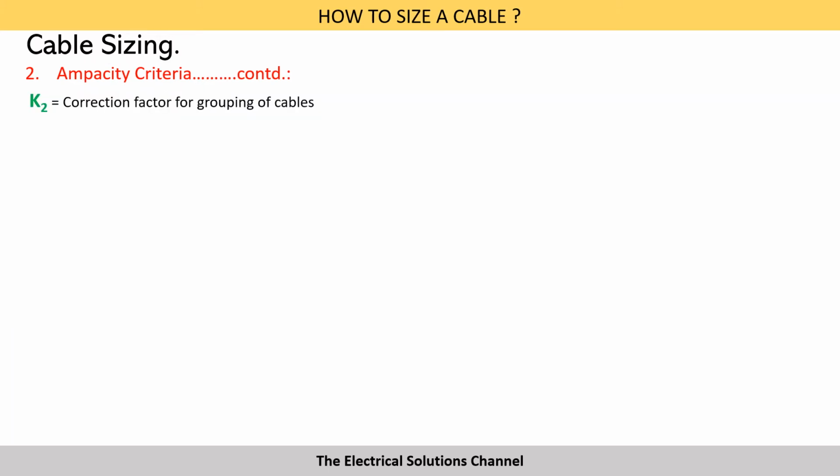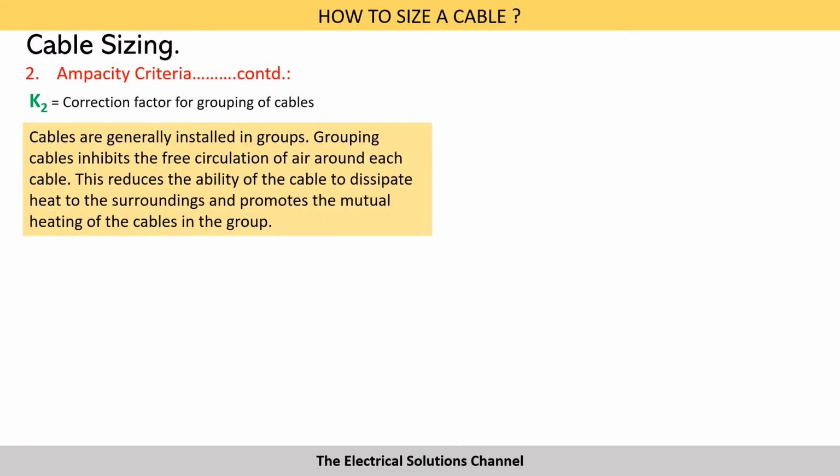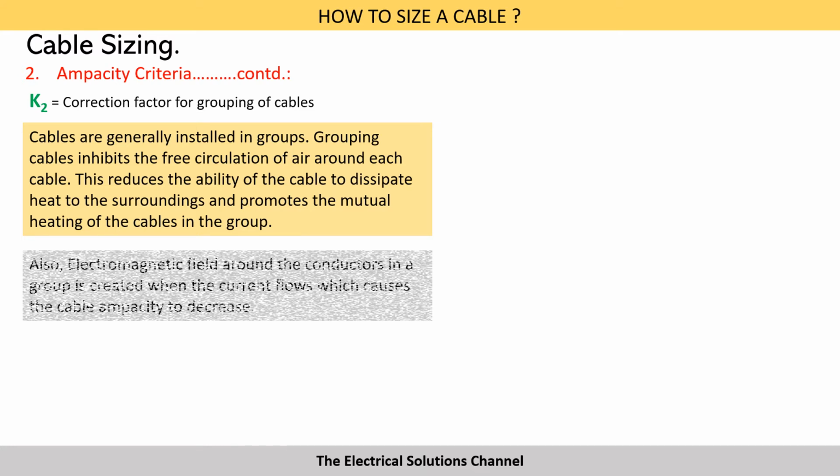K2 is the correction factor for grouping of cables. Cables are generally installed in groups. Grouping cables inhibits the free circulation of air around each cable. This reduces the ability of the cable to dissipate heat to the surroundings and promotes the mutual heating of the cables in the group.